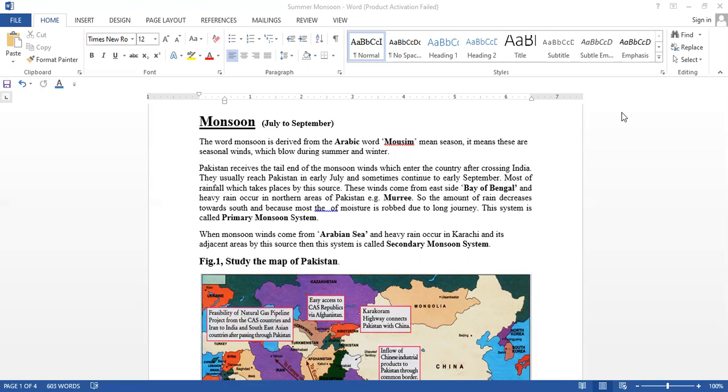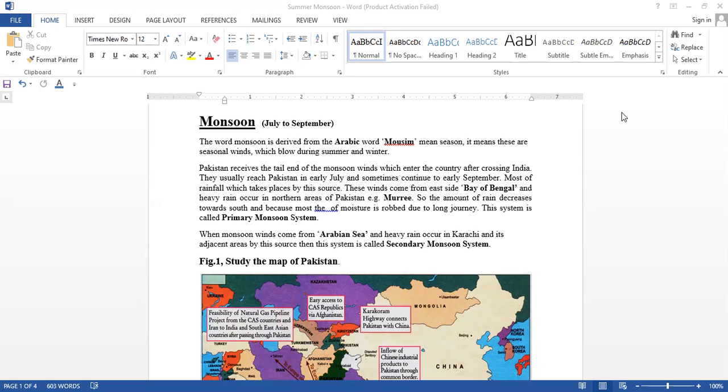My dear students, what is the meaning of the word monsoon? I'm going to tell you the word monsoon is derived from the Arabic word, namely Mausim, and Mausim means season. So it means these are seasonal winds that blow during the summer season, so it's called monsoon.